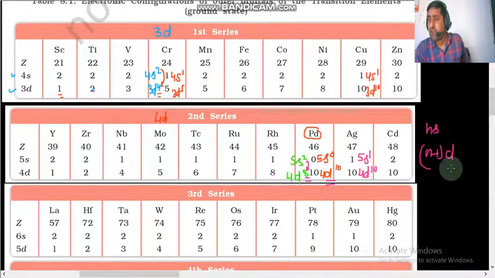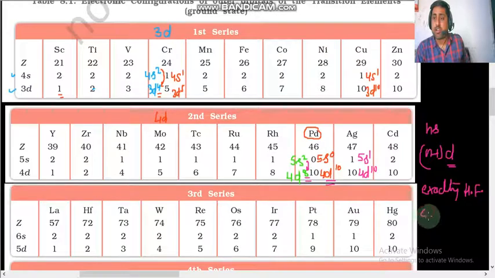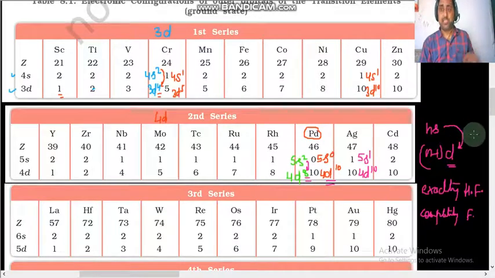And in order to make the d either exactly half filled or completely filled, they can take this risk. The s subshell electron gets transferred to the d subshell. Although they have to counteract the pairing energy, the exchange energy may help them in this endeavor.